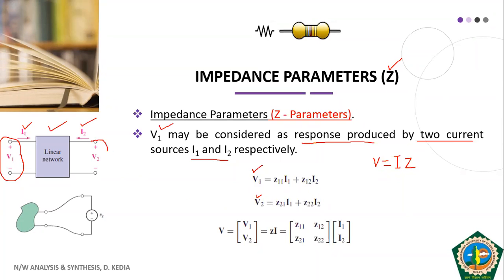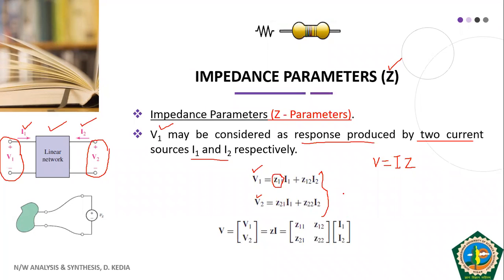Similarly, for V2, this will also be the summation of the responses produced by the two currents present in this two-port network. So that's why V2 is also represented as Z21 I1 plus Z22 I2. Dear students, if you carefully observe, these equations are the same. The only difference is the Z parameters shown in these two equations.